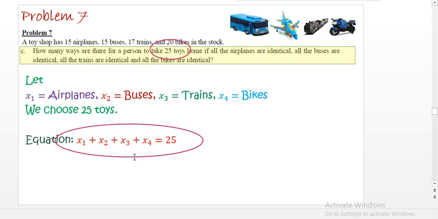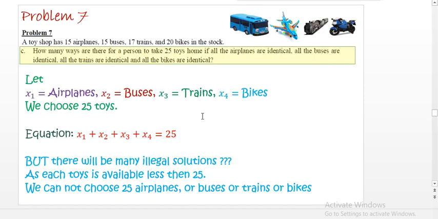But in this case they cannot take any value, because we are restricted by the number of toys. We have 15 airplanes, 15 buses, 17 trains, and 20 bikes. So x1 can take a maximum value up to 15, buses up to 15, trains up to 17, and bikes up to 20. So how to solve it?